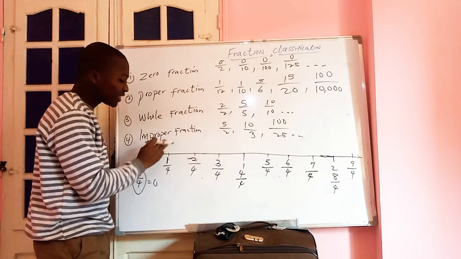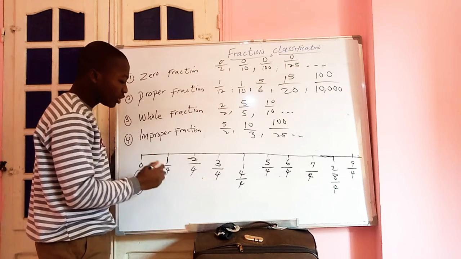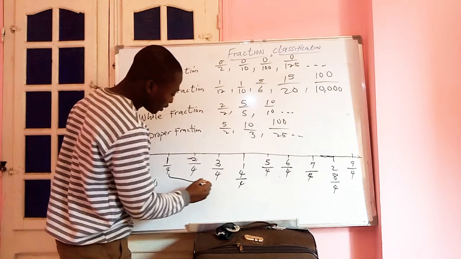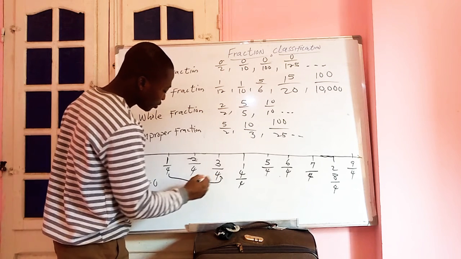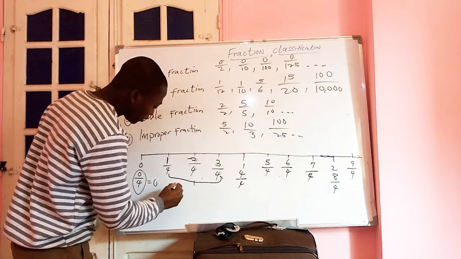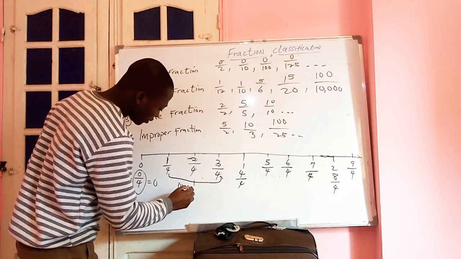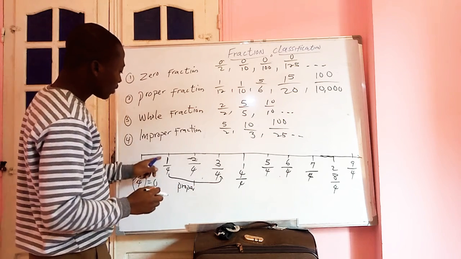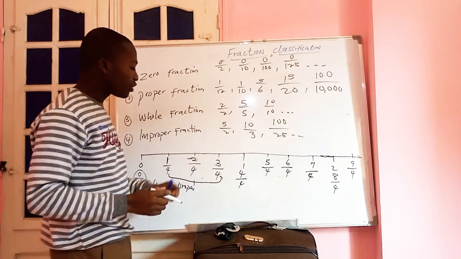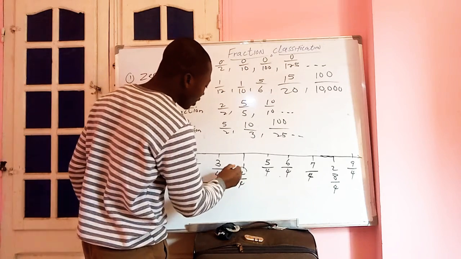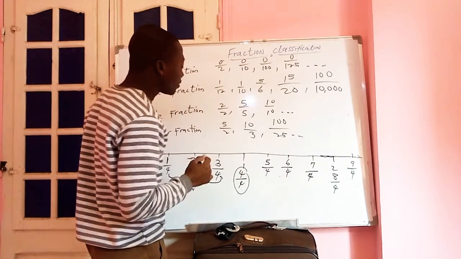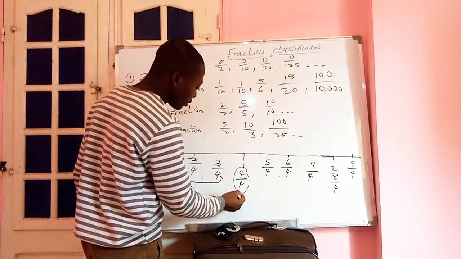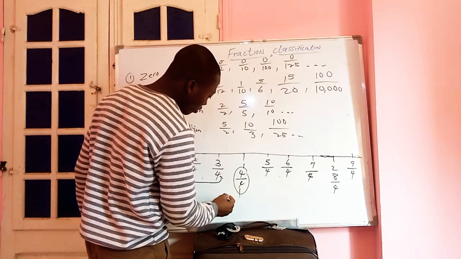The top number is less than the bottom number. 1/4, 2/4, 3/4 are proper fractions. But 4/4 is a whole fraction, because the top number is exactly the same as the bottom number.